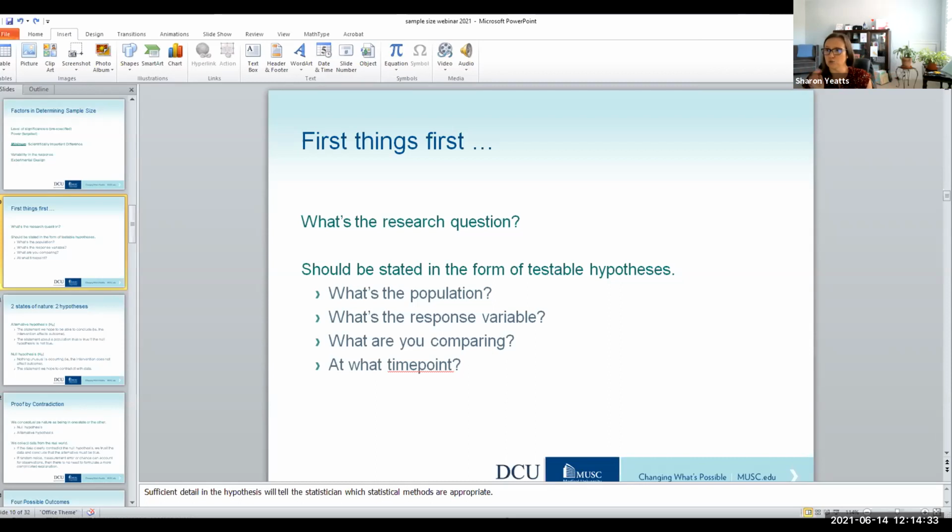Are you comparing two time points? Are you comparing pre and post? And at what time point are you looking? Are you following these patients for a year? Are you following them for 30 days? Are you collecting assessments on them repeatedly over that year? All of this information can play into how we think about the sample size.